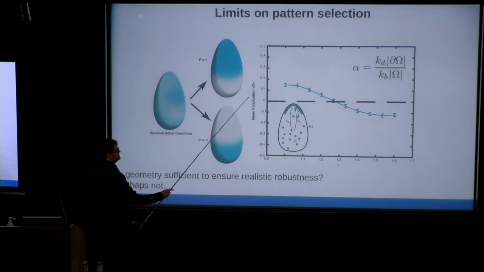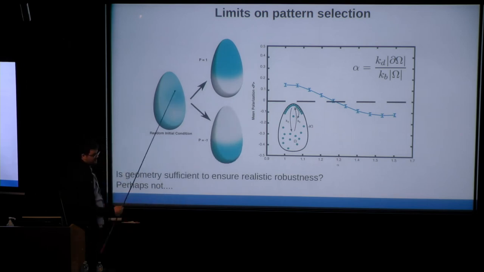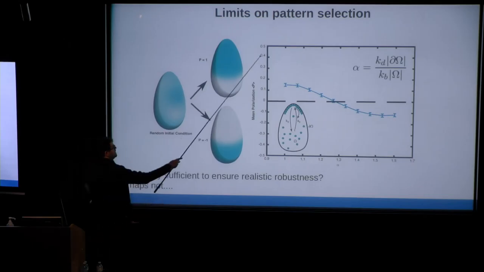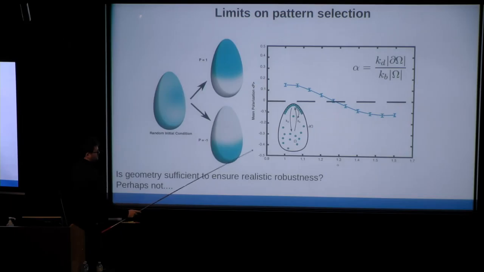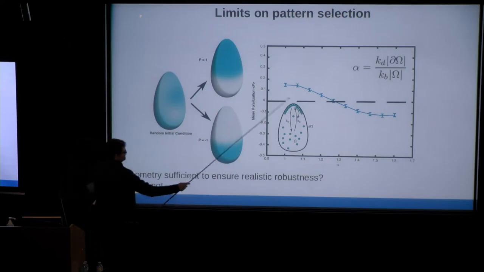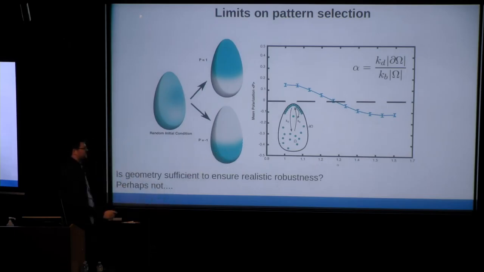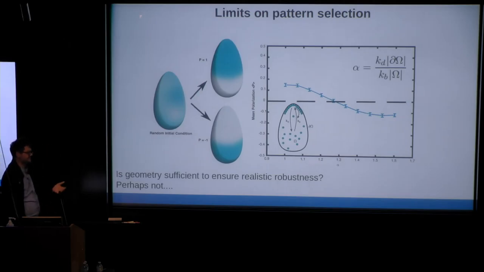The vertical axis on this plot is basically how much goes to one side versus another side. This means that it always goes to the top. This means it always goes to the bottom. And what you can see here effectively is that for all the parameters we tested, and we've run a lot of simulations to get these error bars relatively small, it never really leaves the middle. There's some parametric dependence on which side's preferred.